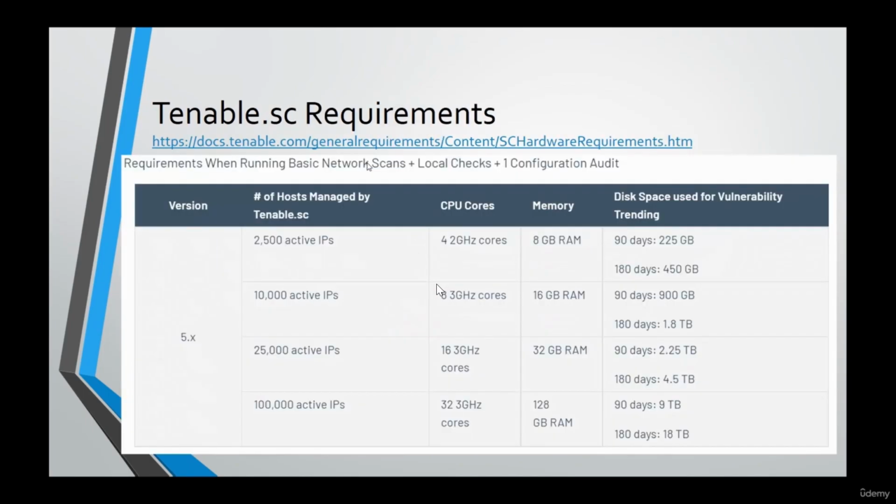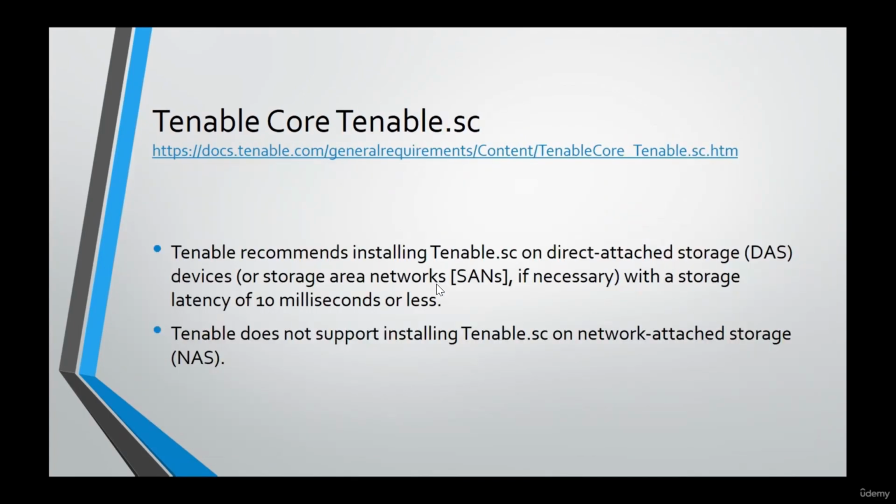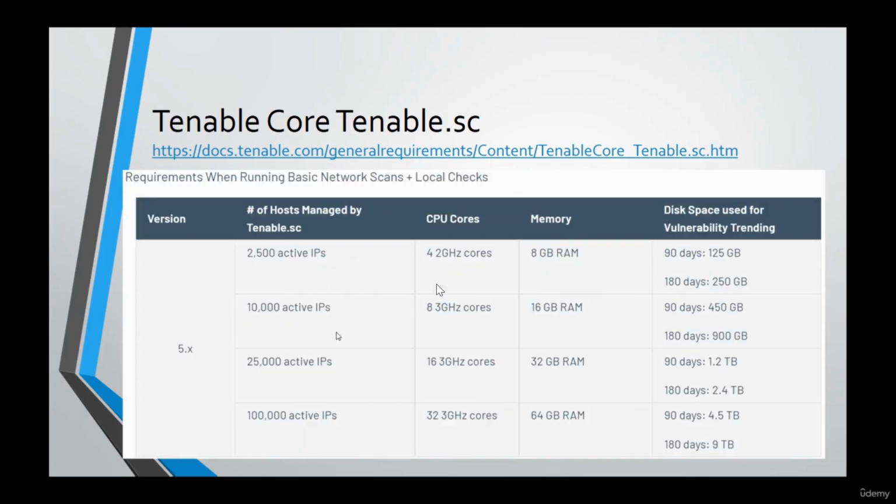I told you that this is the requirement for Tenable Security Center if you are willing to install the solution on a separate OS. But if you want to download Tenable Core and install it, you can do it. The hardware and software requirements are the same. As I told you, here are the CPU and memory.